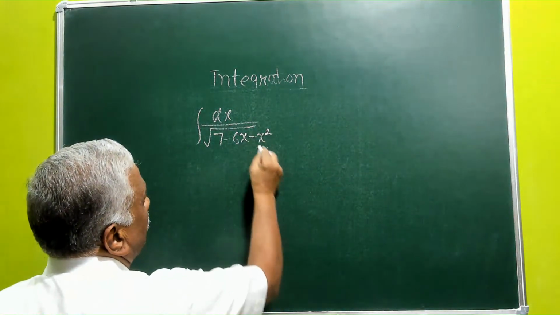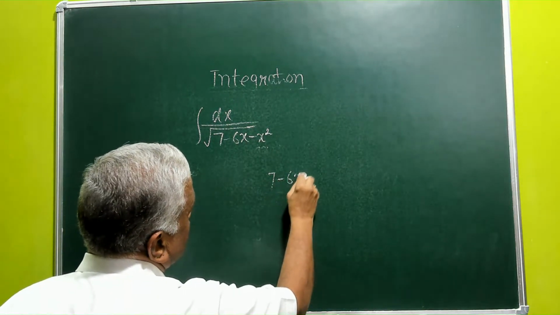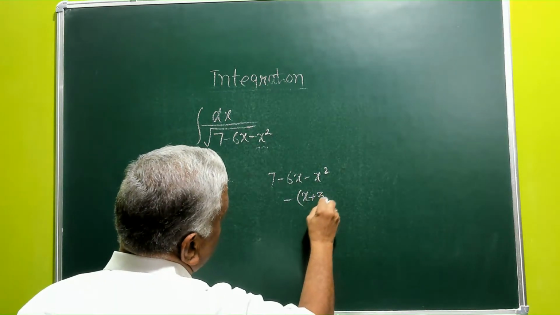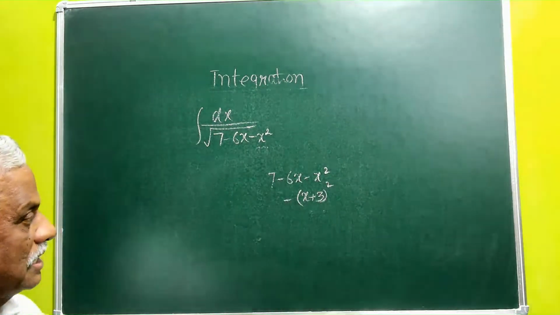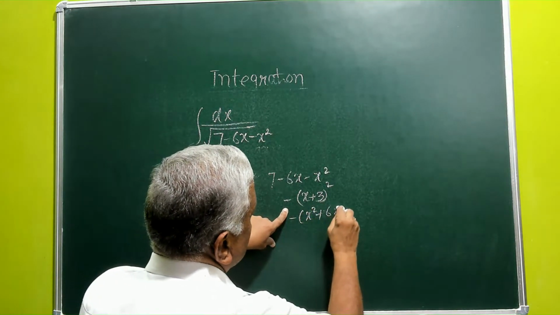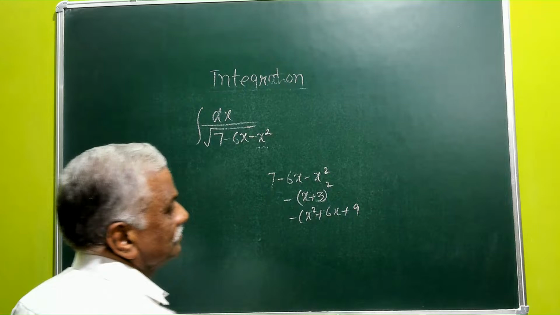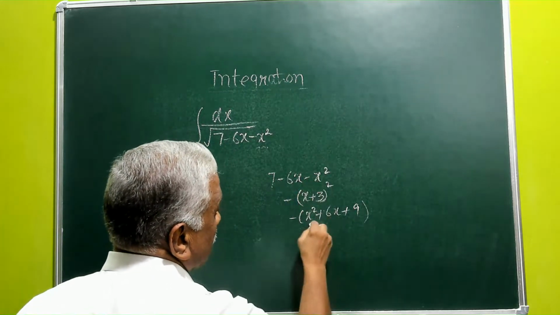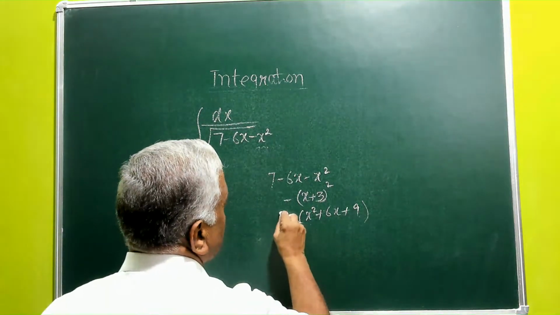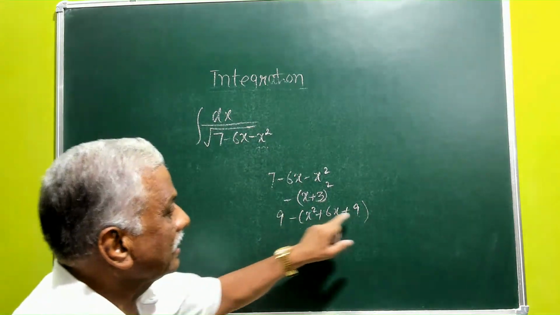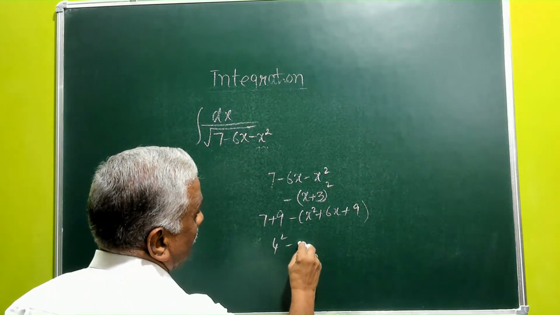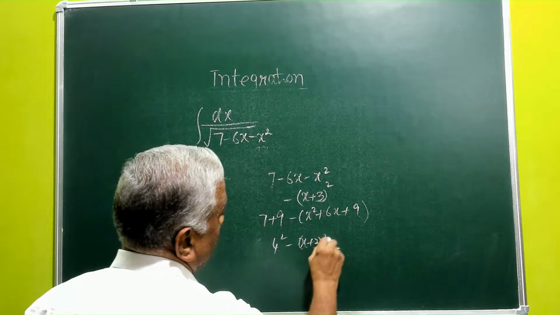Here, you have to complete the square for 7 minus 6x minus x square. So first write this as x plus 3 whole square, because when I expand this, I will get x square plus 6x plus 9. So when I multiply by minus 1, I get minus x square minus 6x minus 9. Because minus 9 is there, I should write plus 9 here. So the 9 and 9 cancel, but 7 is already there. So this is 4 square minus x plus 3 whole square.